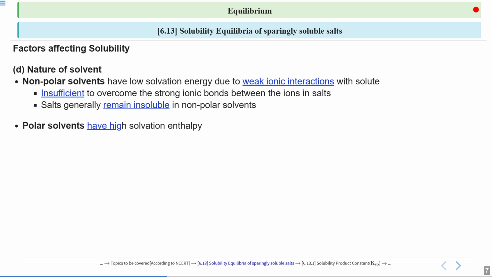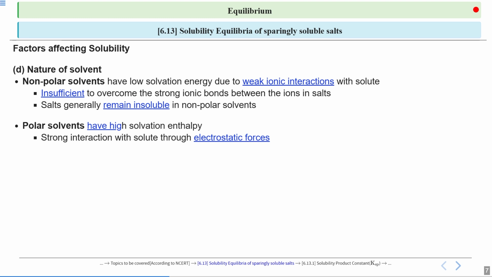So it's very obvious they will have a high solvation enthalpy, and the reason is the strong interaction of the solute through electrostatic force with the solvent molecule. Consider you are taking the water molecule. It has a positive and a negative part: hydrogen is the positive part and oxygen is the negative part.